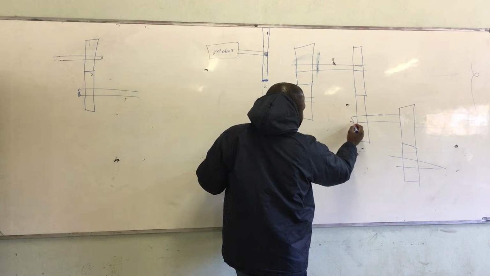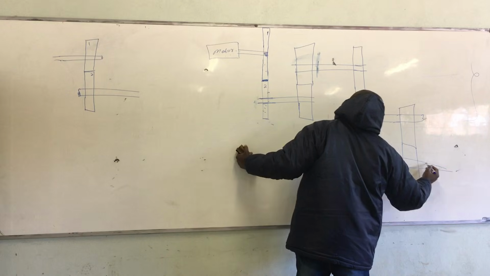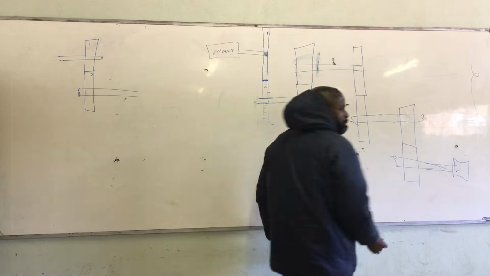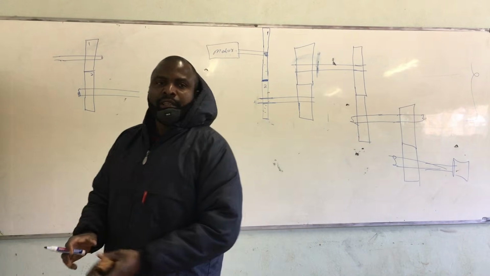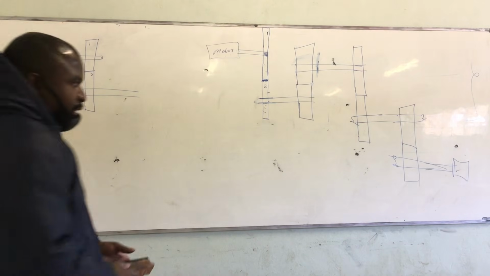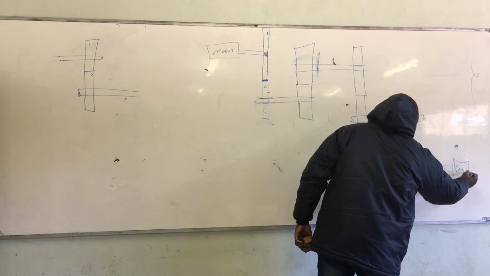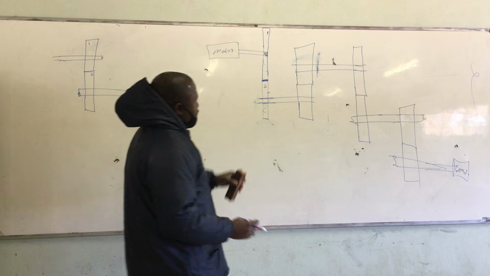So this one is the shaft. Those are the shafts. So here there is an output. For output, you can put the generator, you can put the wheels, whatever you want to put at the output. Ne? Here is where there's your load. Here is where there's input.